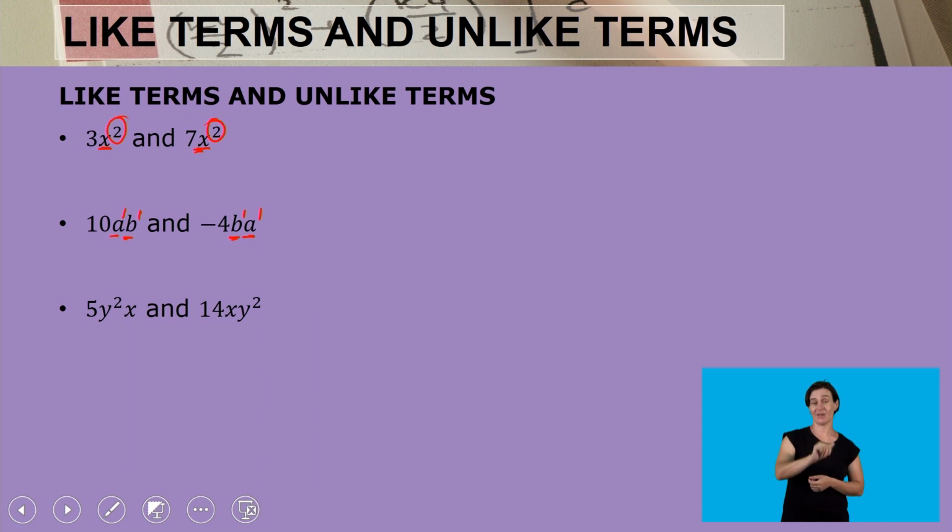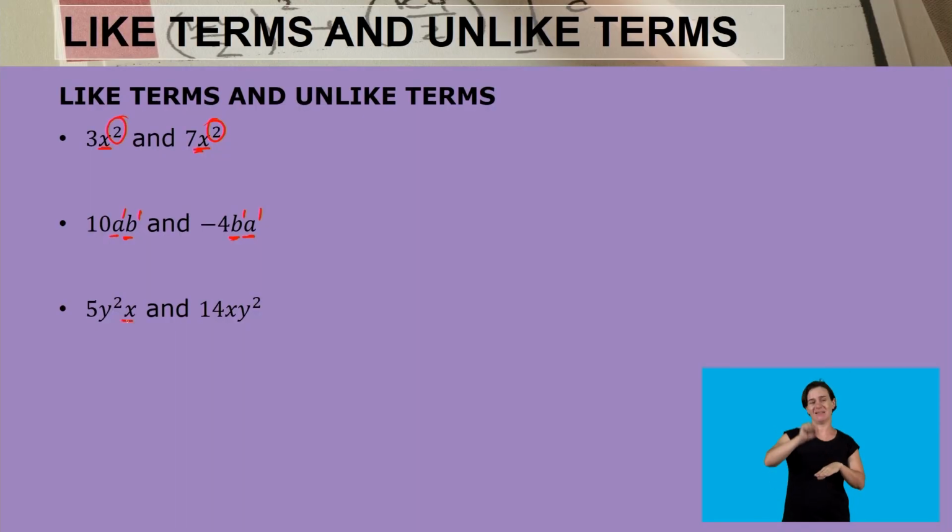Let's look at 5y squared x and 14xy squared. Now, first question, do they have the same variables? Yes, they do. We have an x and an x on both terms, and we also have a y and a y on both terms. But having the same variables is not enough. We have to make sure that those variables have the same exponents.